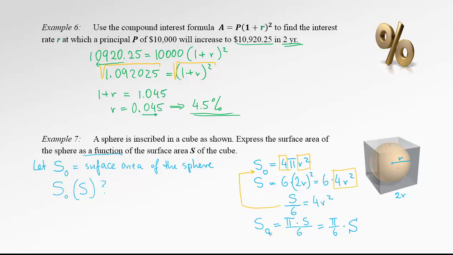So the surface area of a sphere was expressed as a function of the surface area of the cube. That means that the surface area of the sphere is approximately half of the surface area of the circumscribed cube. Let's rewrite it here again. The surface area of a sphere is a function of the surface area of the cube through the formula pi over 6 times the surface area of the cube.